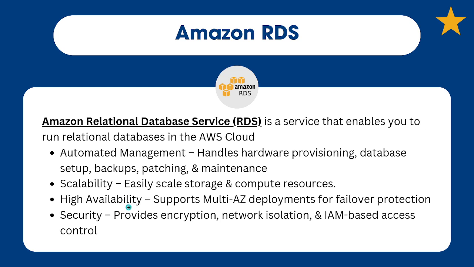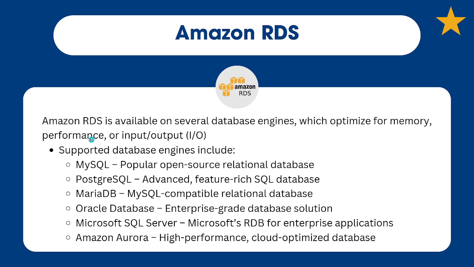There's always cases where interruptions do happen, but for the most part, AWS does work to prevent that. And of course, all the security tools: encryption, network isolation, and IAM-based access control. So remember the user and group roles we set up in the first lab. You can actually set up access to these databases based on those users and groups.